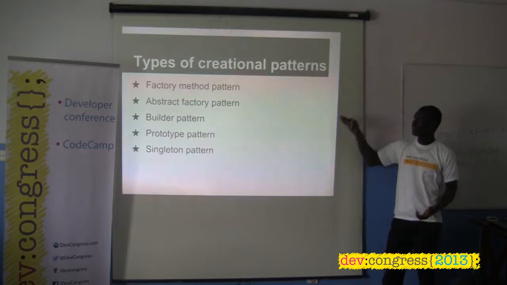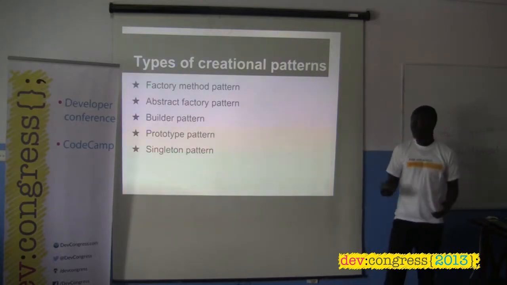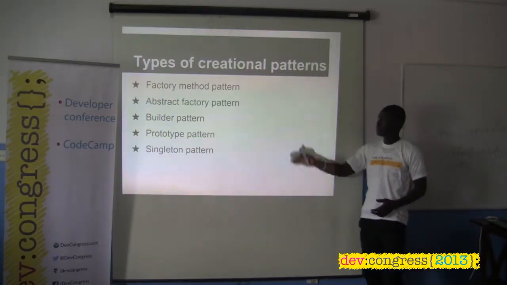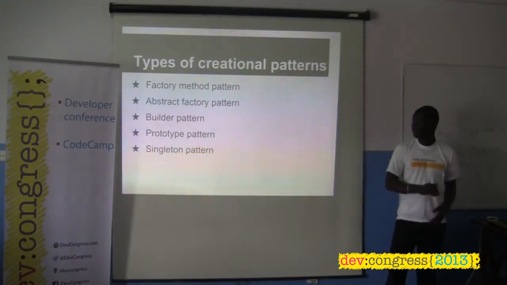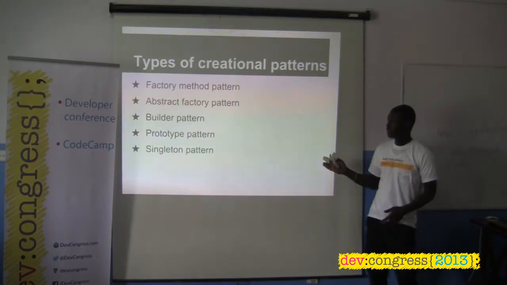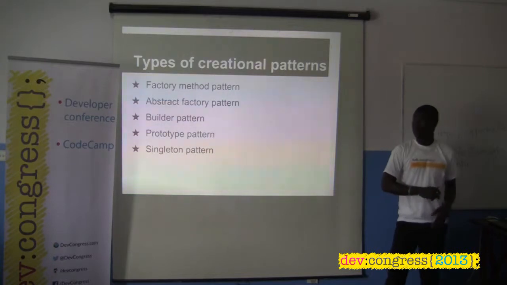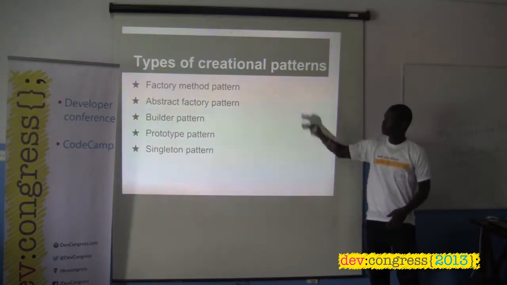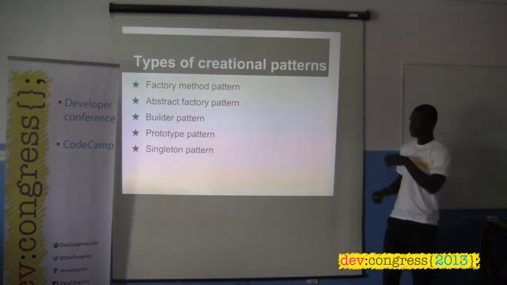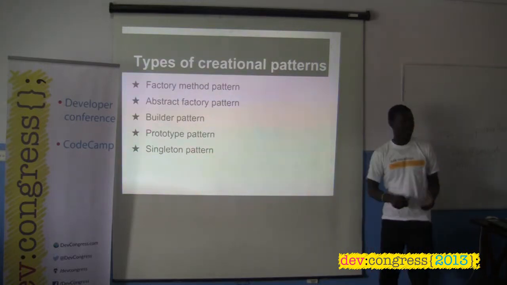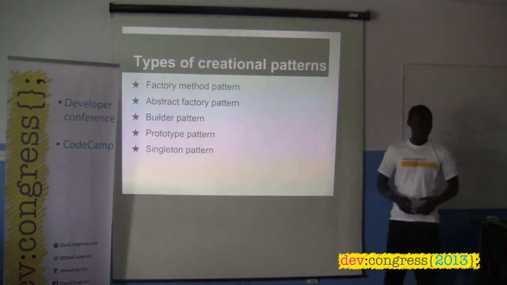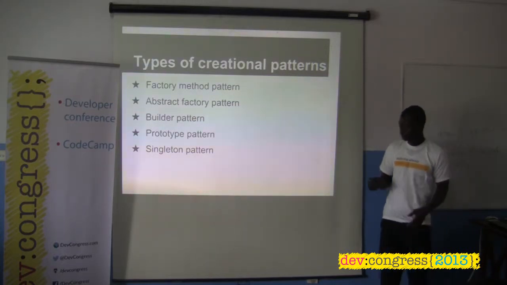So these are the various creational patterns that you can look through: the factory method pattern, the abstract factory, the builder pattern, the prototype pattern, and then the singleton pattern. But among these, I will only touch on the factory pattern, just to give us an insight into what design patterns are, so that we can go back later and dig deeper into how to make our code better and maintainable.